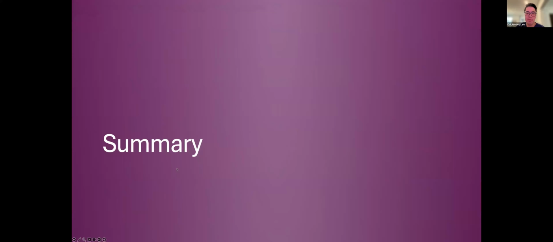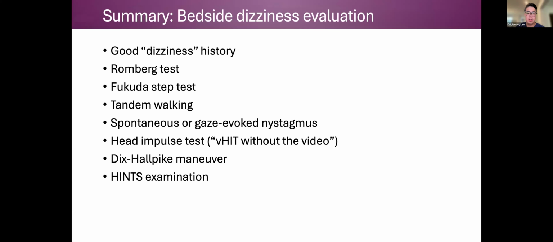So in summary here, we talked about the different tests that we do. And so the first thing is a good history, defining what the patient means by dizziness. Then you can go into some balance tests, the Romberg, Fukuda step test. I didn't mention the tandem walking test, but that's kind of similar. It uses your vestibular function, so similar to the Romberg.